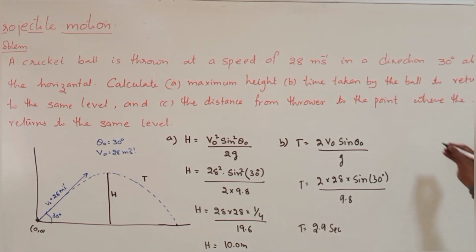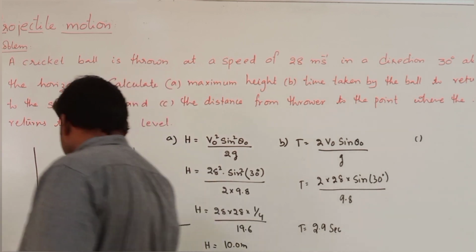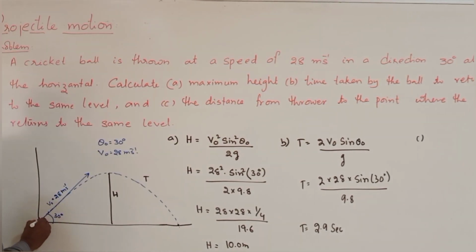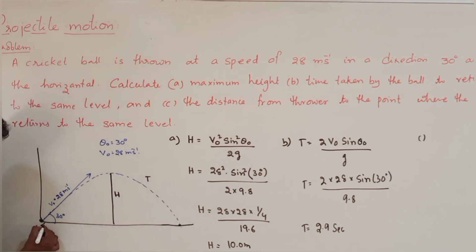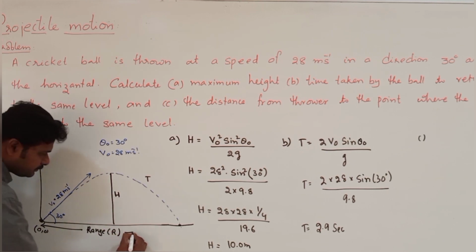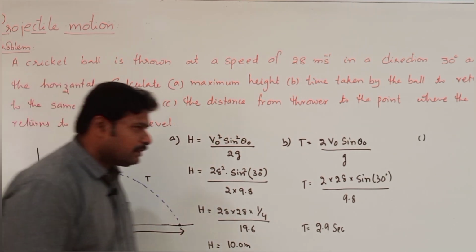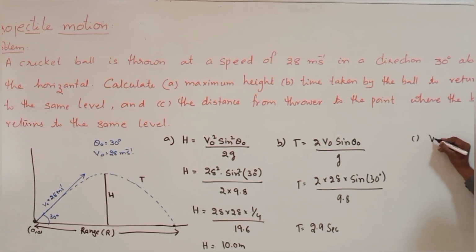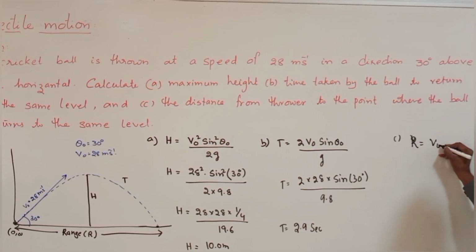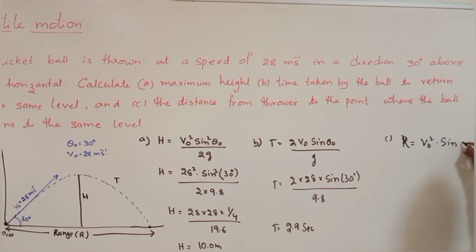Now the third one, the distance from the point of projection to reach the same level, on the ground level. This is called the range R. What is the formula for range? R is equal to V naught square sine 2 theta by g.